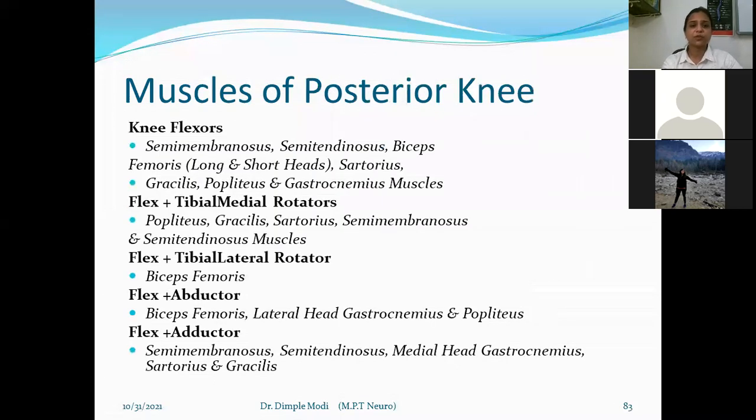Okay, the muscles of the posterior knee: semimembranosus, semitendinosus, biceps femoris, sartorius, gracilis, popliteus, gastrocnemius, plus plantaris, which may or may not be present. Flexion and tibial medial rotators. What are the medial rotators and flexors of the knee joint?